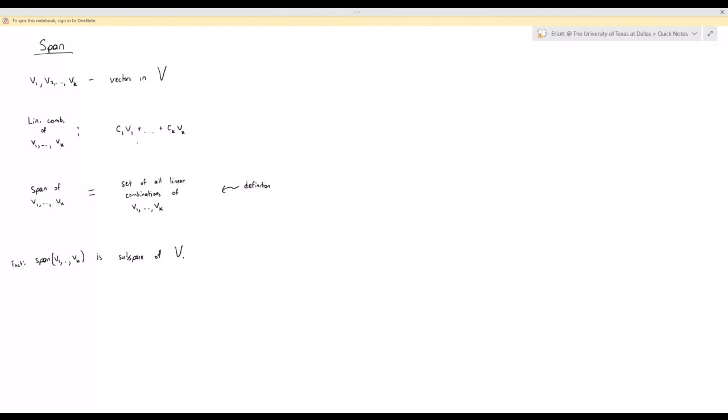That's a very good question. In a sense, every subspace is also the span of some vectors that are inside of it, though. There are different concepts, though.